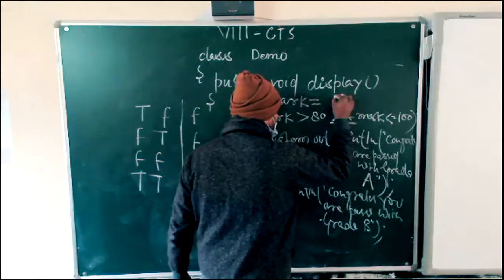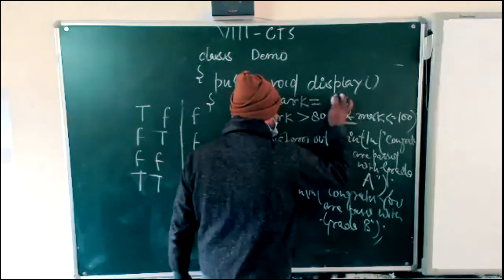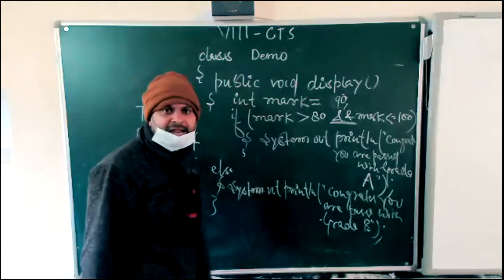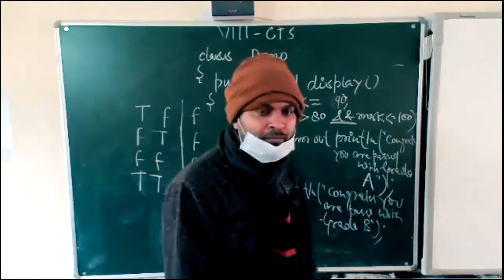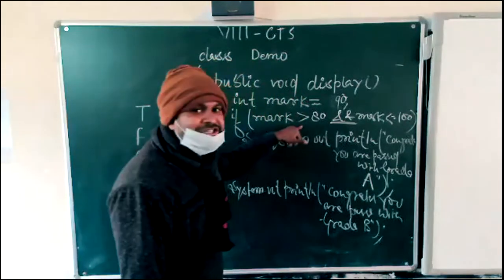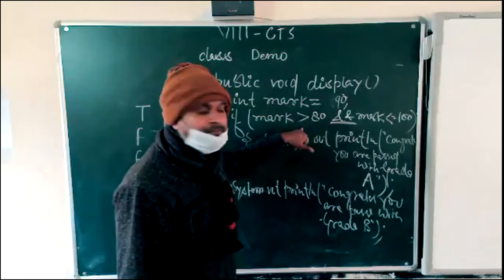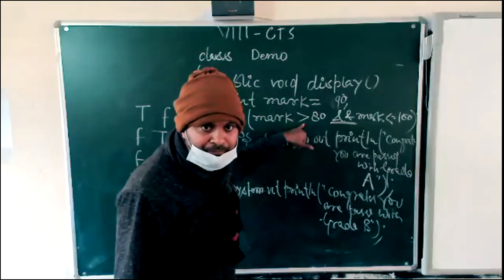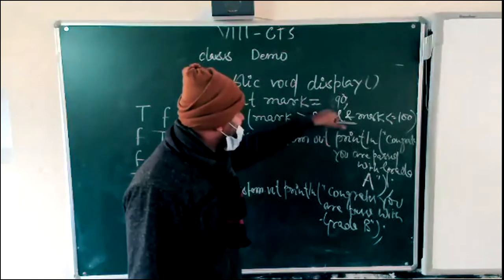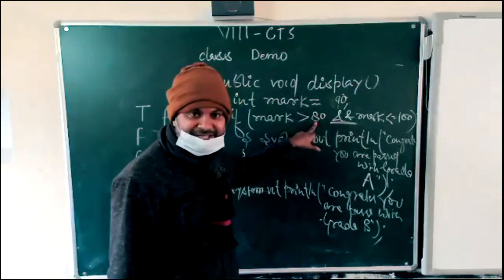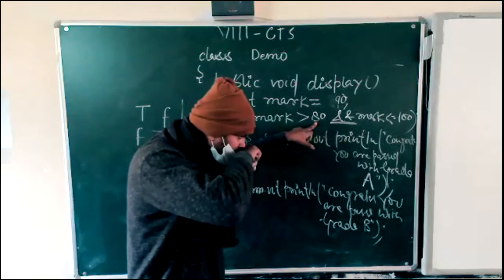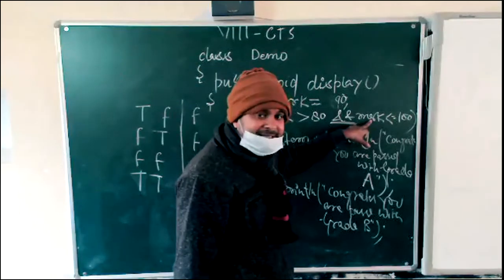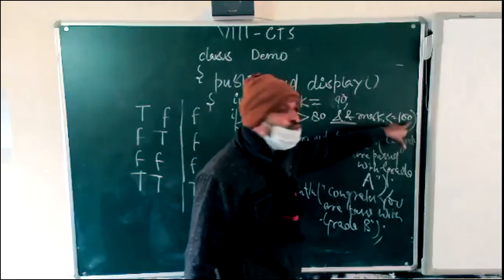For example, I have given here 90 marks. What about the first condition? First condition is true because 90 is greater than 80. And mark 90 is less than equals to 100.